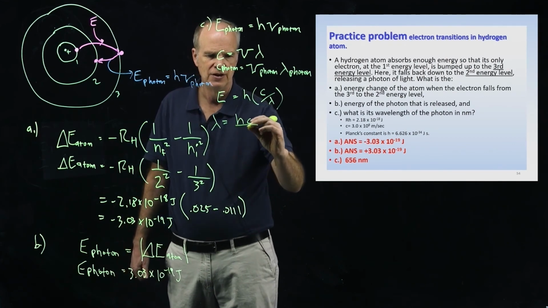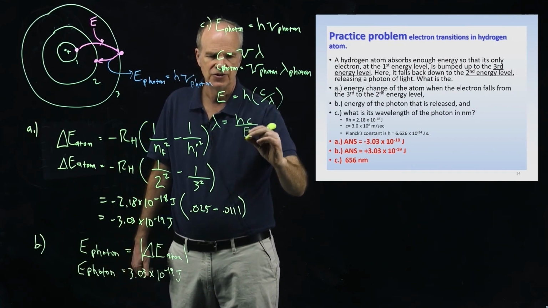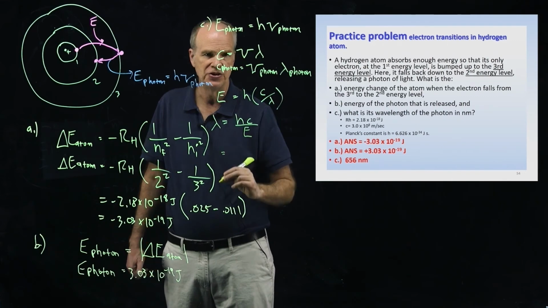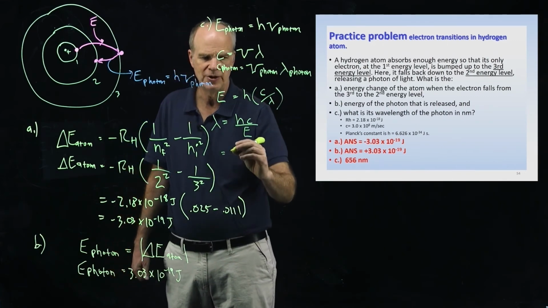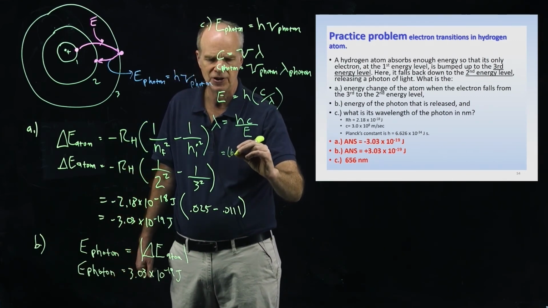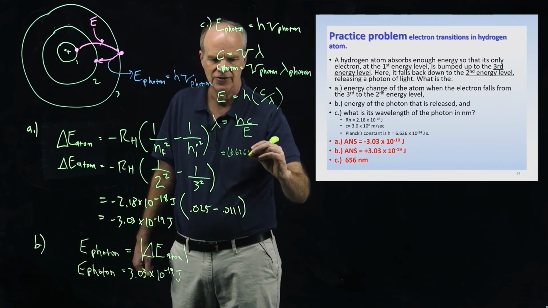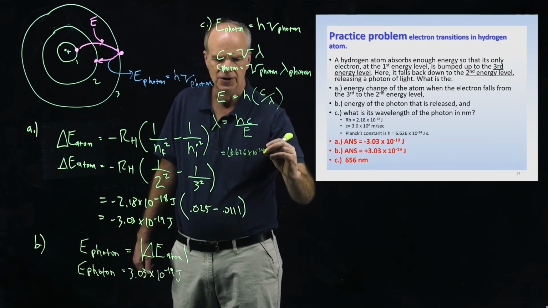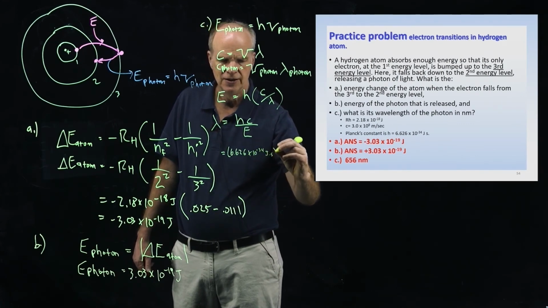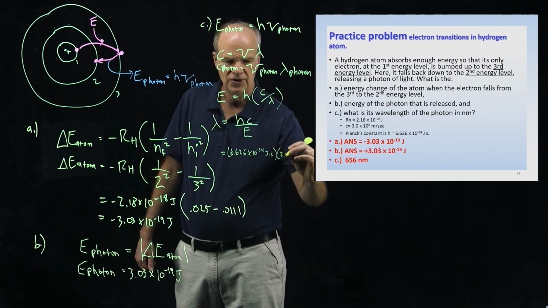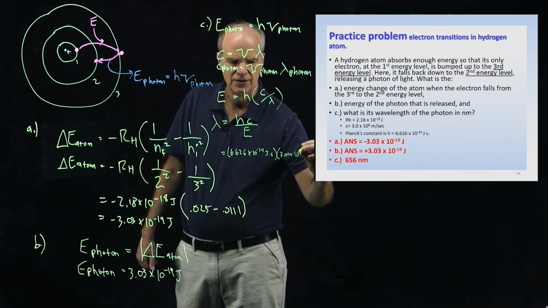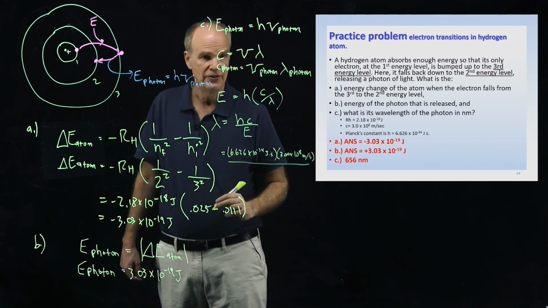over the energy. So let me just go ahead and throw in those numbers and just confirm that units cancel out as we expect. So Planck's constant is 6.626 times 10 to the negative 34 joules times second. Speed of light is 3.00 times 10 to the 8 meters per second. And then you're going to divide it by the energy.